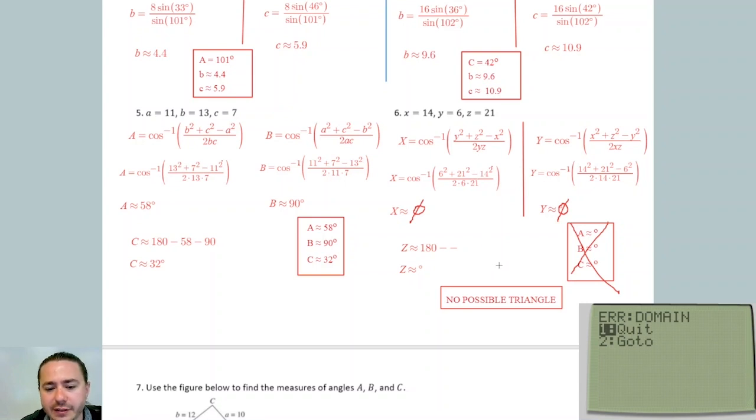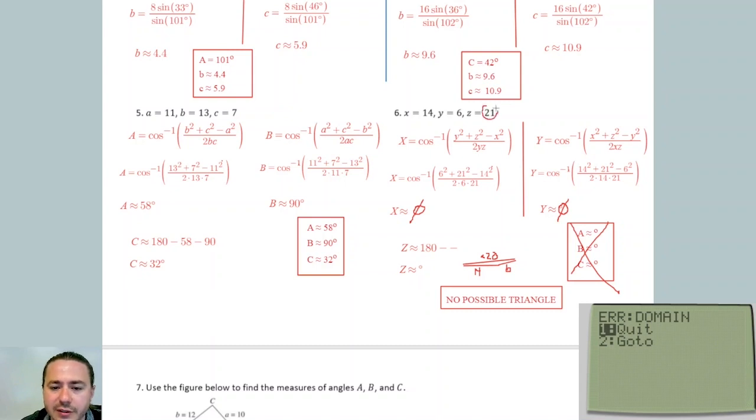Because if I have a side that's 14 and a side that's 6, and it's just barely angled out, enough to make a triangle, this side right here has to be at the maximum 20. In fact, even if it's 20, it's not going to work, because in order for this to be 20, these sides would have to be laying down flat, and then you would have a 180-degree angle measure in your triangle, which wouldn't create a triangle. So this has got to be actually smaller than 20.